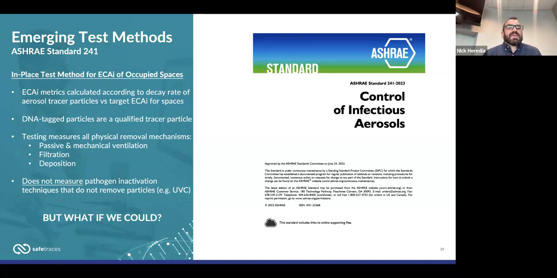There are metrics in there to calculate the decay rate of the aerosol tracer particles versus the ECAi for spaces. It also introduces the concept of DNA tagged particles as qualified tracer particles to be used in this testing. The testing measures all physical removal mechanisms: passive and mechanical ventilation, filtration, and deposition of these particles. But what if we could actually measure pathogen inactivation with technologies like UVC? Next slide, please.